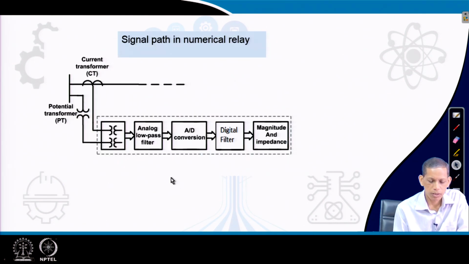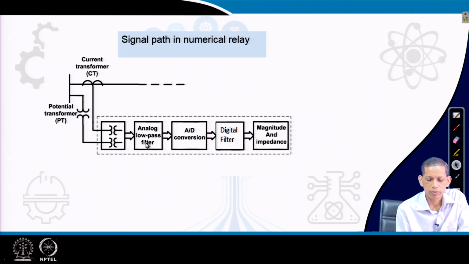In broad terms, the signal processing path in a relay becomes like this. We have CTs and PTs, the corresponding sensors or transducers, and then those are scaled down to a suitable value compatible with the hardware architecture of the relay.